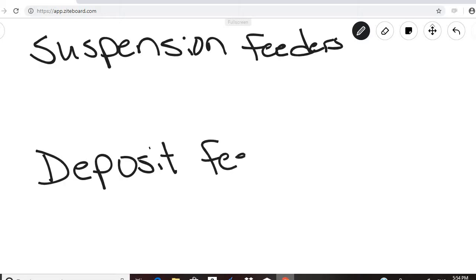A suspension feeder would be an organism that filters food out of the water.